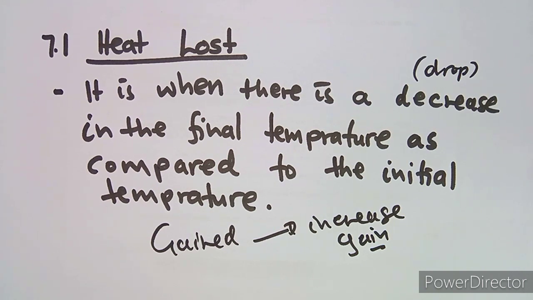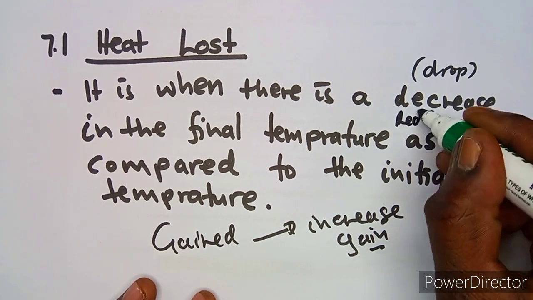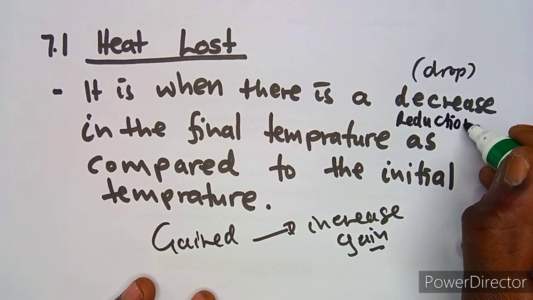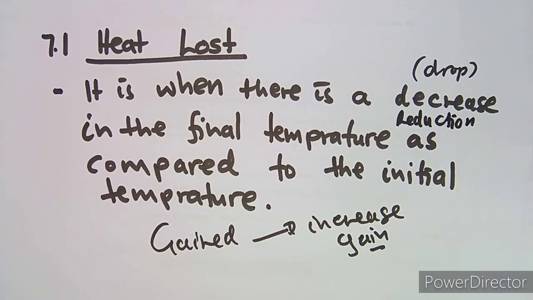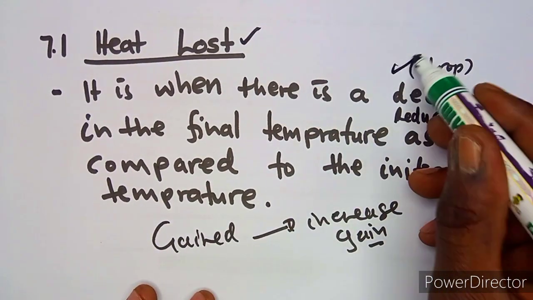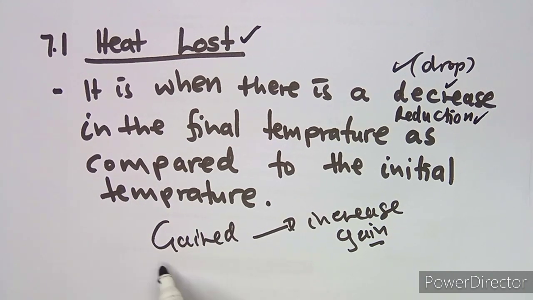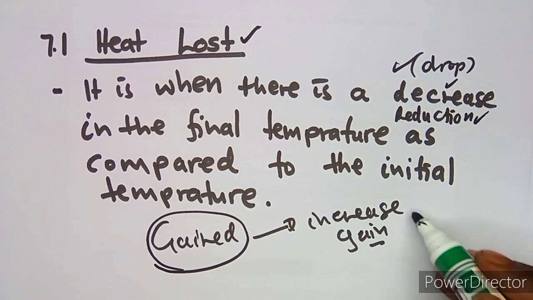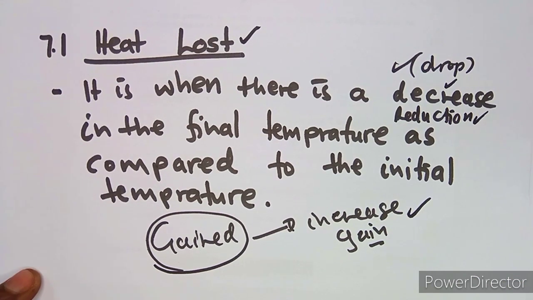But if it is heat lost, there is going to be a reduction, a decrease in the final temperature. So the key part is lost here: you are losing, decreasing, reducing, there's a drop. When it is gained, it's increasing. All right, that is the concept there.